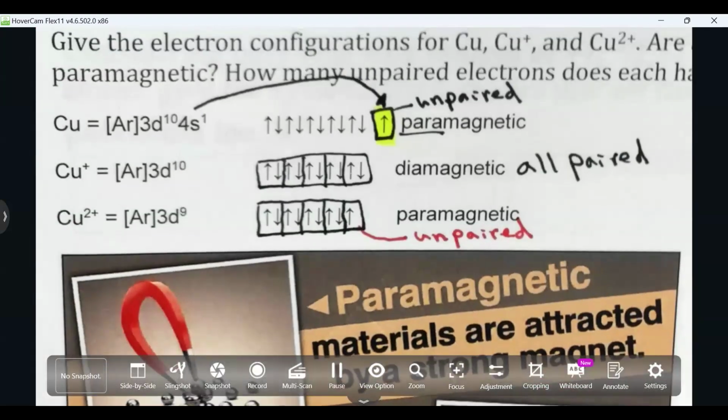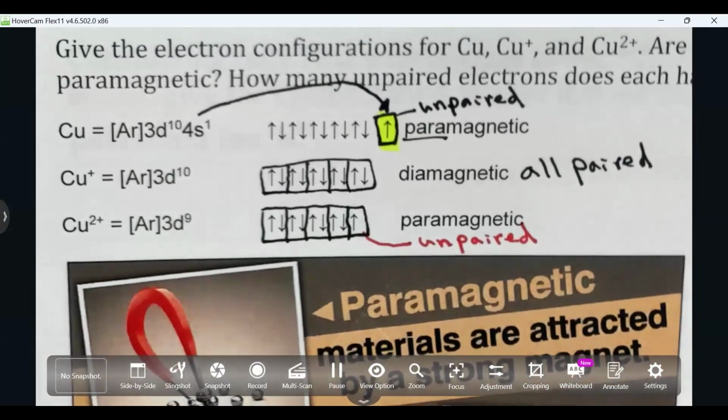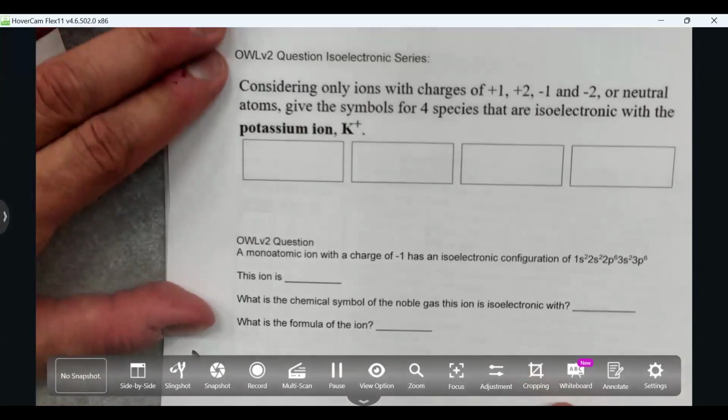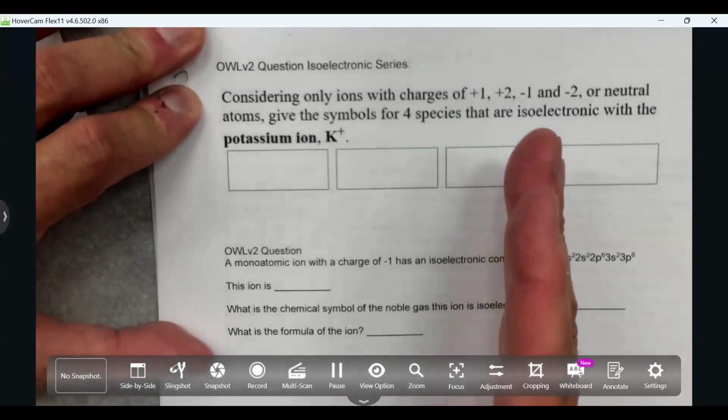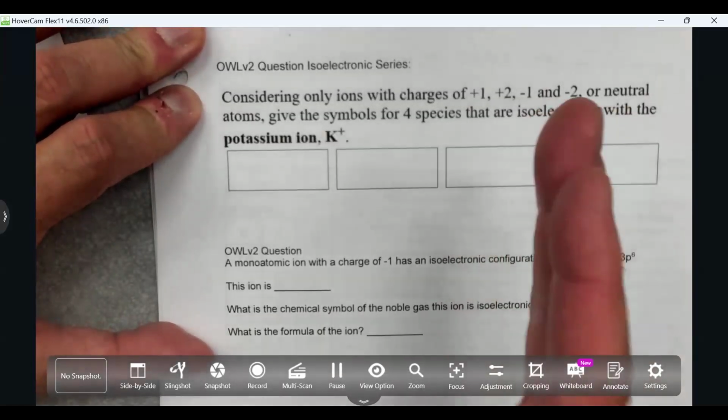Okay. Let's go to the very last thing. This is isoelectronic. Remember, isoelectronic series: same number of electrons, right?